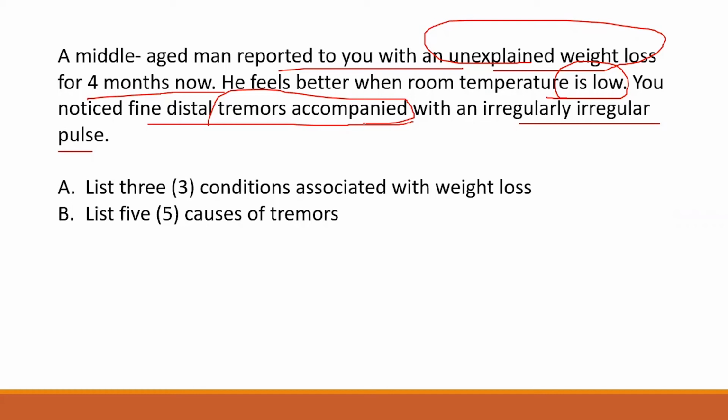You can think of alcohol abuse or withdrawal. You can think of hyperthyroidism, mercury poisoning, liver or kidney failure, anxiety or panic disorder. Guys, there are enormous, a lot of them that can cause tremor. So just mention 5 out of the lot I've mentioned.